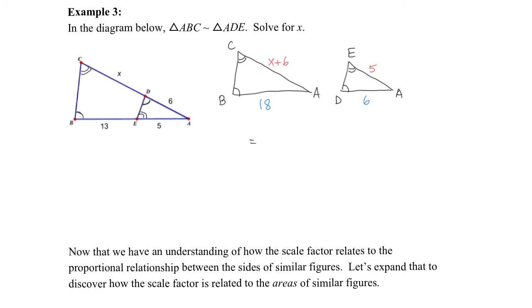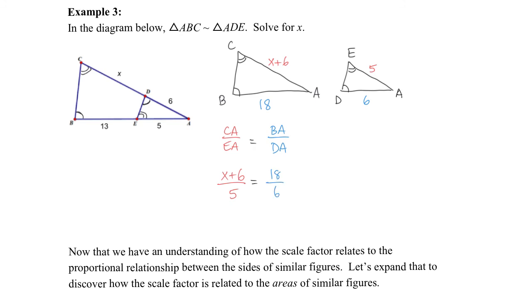So I'm going to have x plus 6. Oops, nope. I like to do the sides first. So I'm going to have CA over EA, and I'm going to have BA over DA. And so that's going to be x plus 6 over 5 equals 18 over 6.